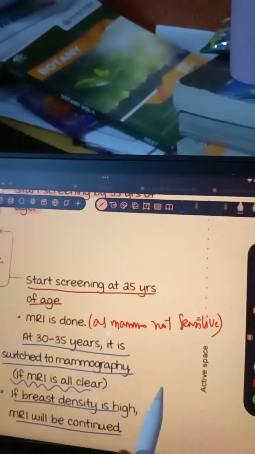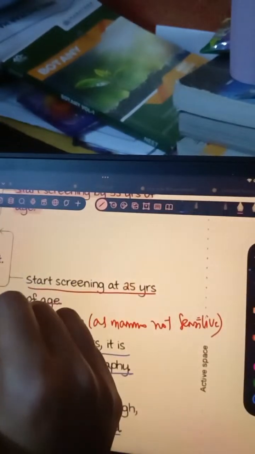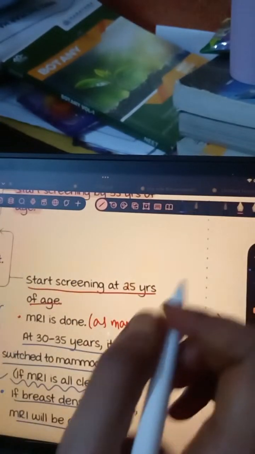Mostly at 25 years, MRI is done as mammo is not sensitive, and at 30 to 35 years it is switched to mammo if the MRI is all clear. You have to make a point of this.